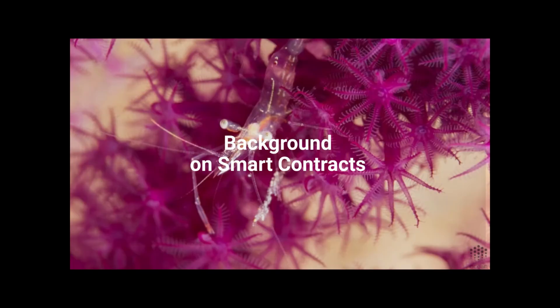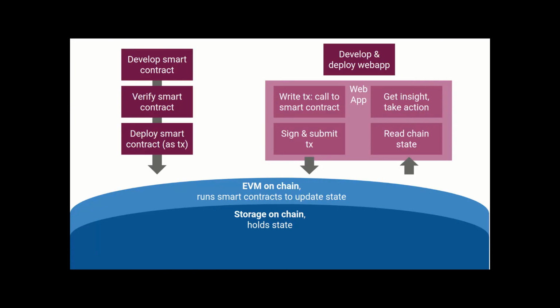Okay, let's focus on the bulk of this talk. First of all, background on smart contracts. So this slide describes a flow, a mental model for how things work in the Ethereum world and more generally the smart contract world. To start with, if you're developing a smart contract, smart contracts are simply scripts running on a blockchain, and they do various things like manage funds, create tokens, all that.